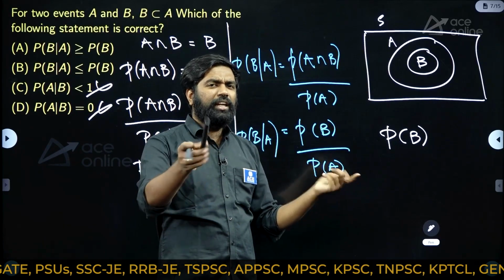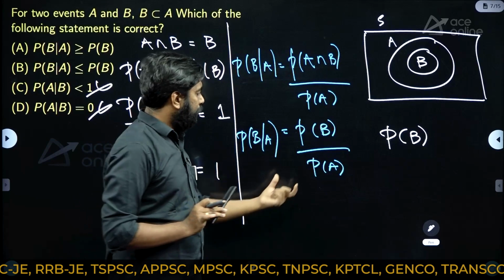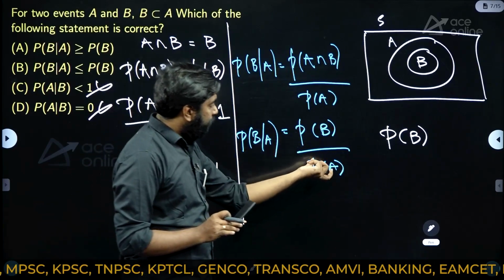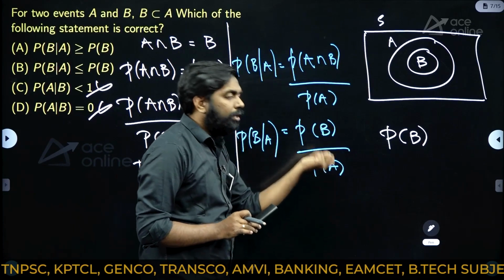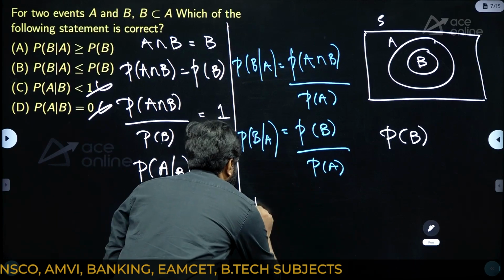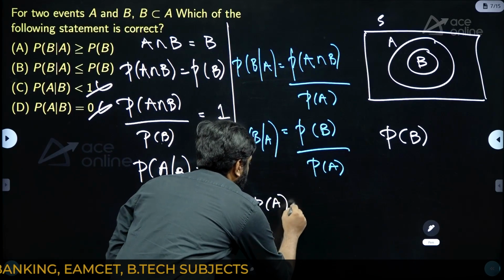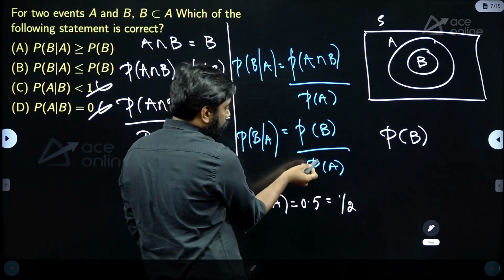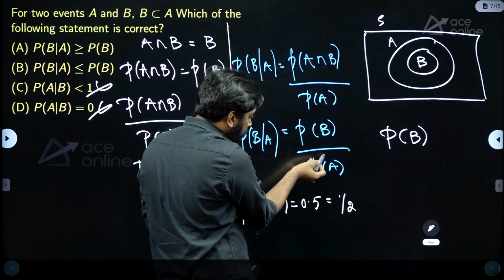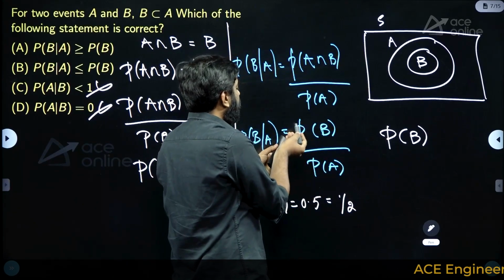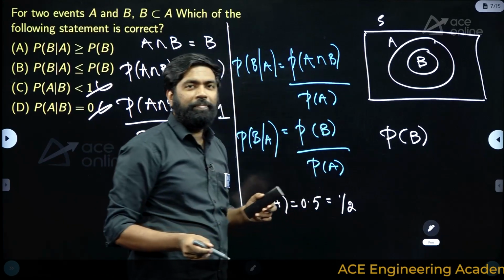You can take any value between 0 and 1, no issues. If you take P of A as 0.5, which is 1 by 2, you now have to write P of B by 1 by 2. That 2 goes to the numerator and this will now look like 2 into P of B.